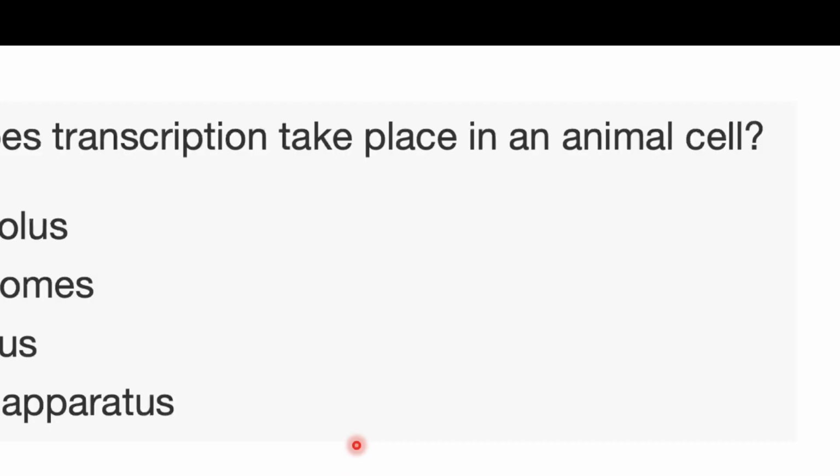Where does transcription take place in an animal cell? Option A, nucleolus. Option B, ribosomes. Option C, nucleus. Option D, Golgi apparatus.